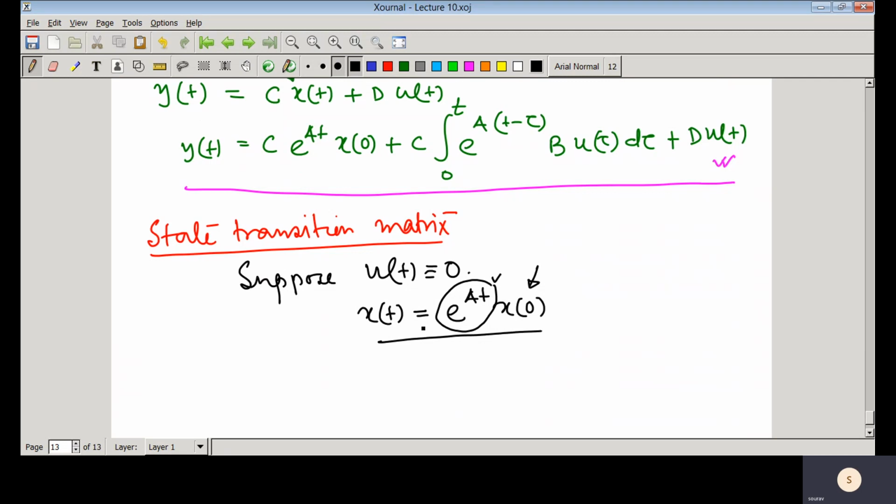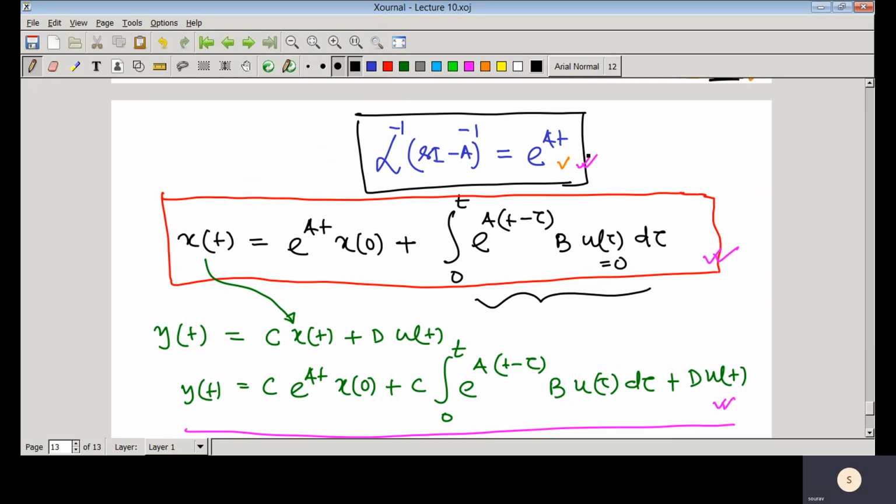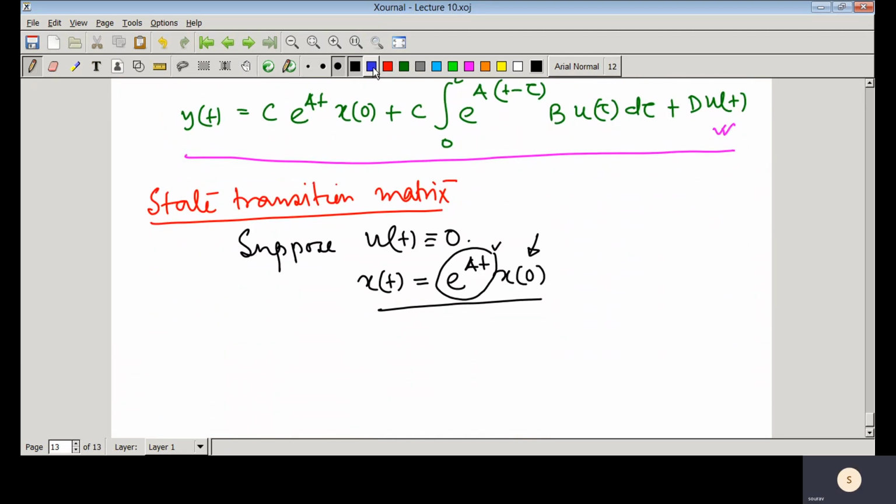And now you may be asking one thing: why is the Laplace inverse of this equal to e to the power At? Why is that the solution? So let us see. Suppose you have this solution.